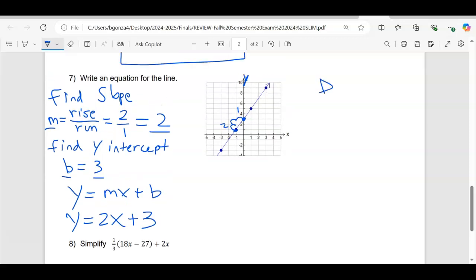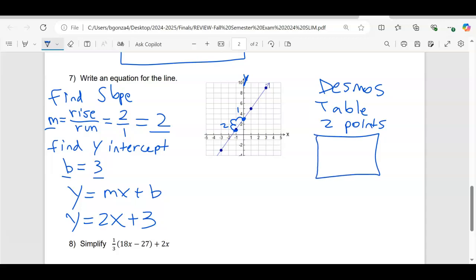Another way to do it is in Desmos, table, 2 points. So like the point on the left here is -1, 1. The point right here is 0, 3. If you put the table into Desmos, you can do y1 squiggle m x1 plus b.